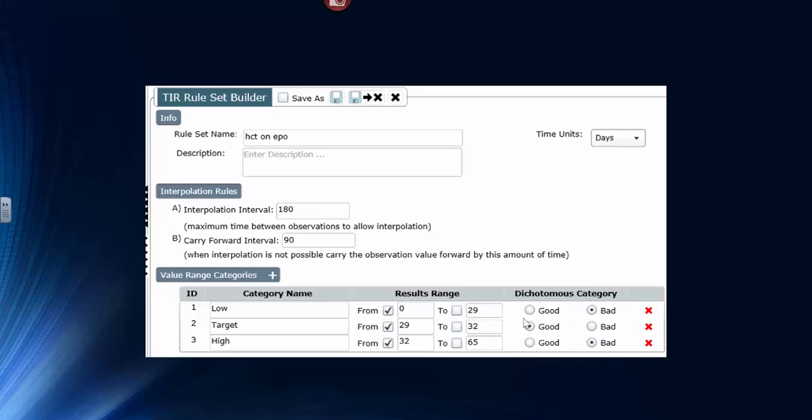So 0 to 29 is bad, 29 to 32 is good, 32 to 65 is bad. This is useful so when Looking Glass wants to summarize in simple relative risk or risk differences, it can basically dichotomize each of these categories that you've provided. You notice the unit of time is days. If you're in an ICU and you were managing people's sugars, you might make the unit of time hours.